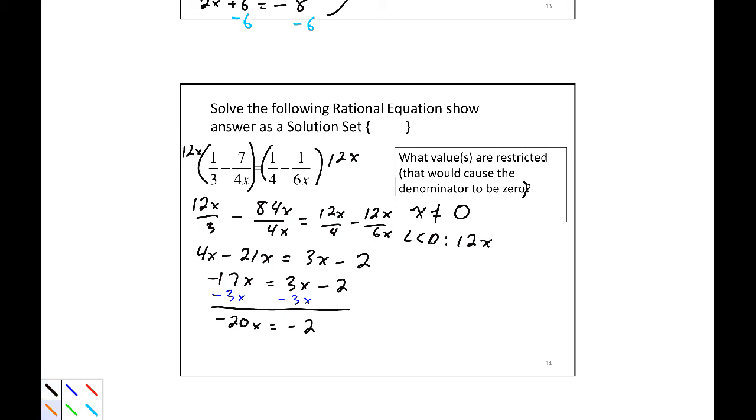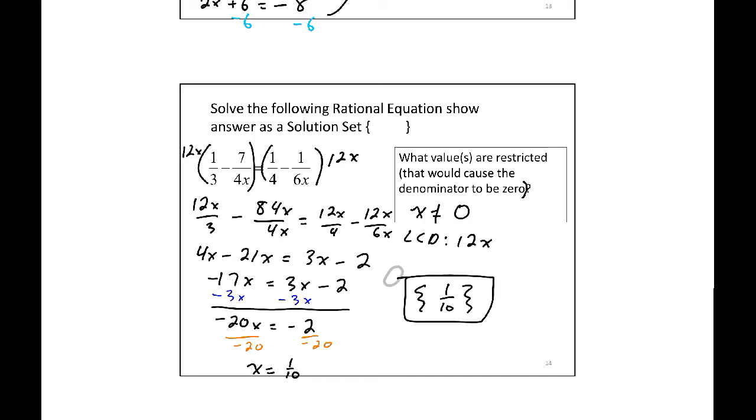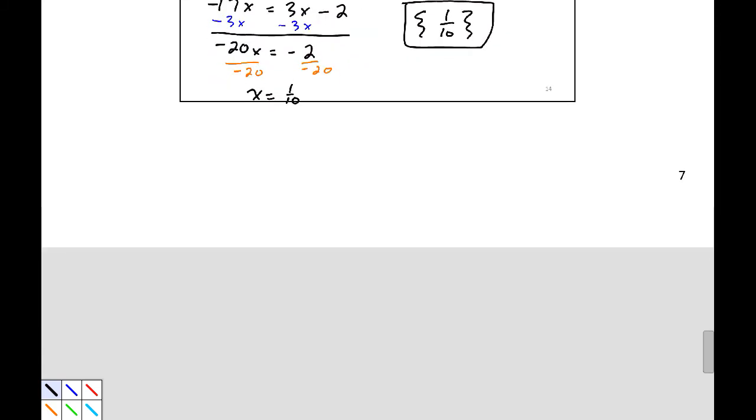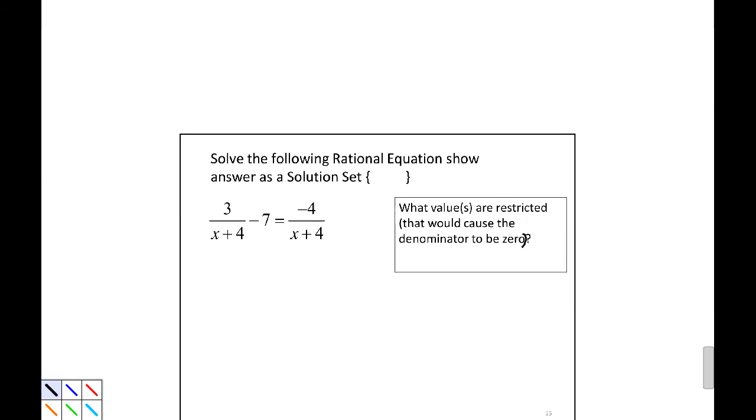And then last, dividing by negative 20, that reduces to be x equals 1/10. Now, we only said that x could not be equal to 0, so that means our solution is the set of the number 1/10.